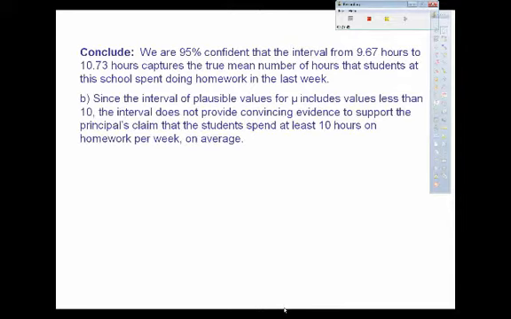Since the interval of plausible values for mu includes numbers that are less than 10, the interval does not provide convincing evidence to support the principal's claim that the students spent at least 10 hours on homework per week on average. So that concludes this lesson.